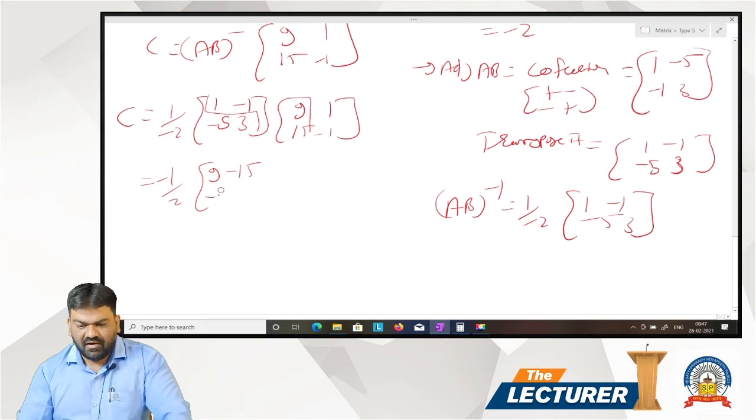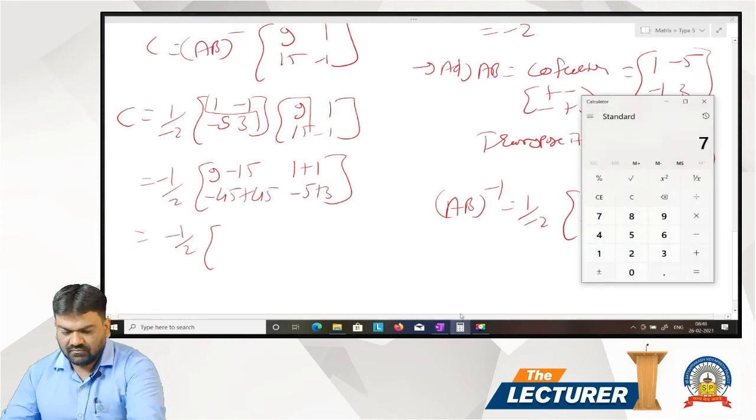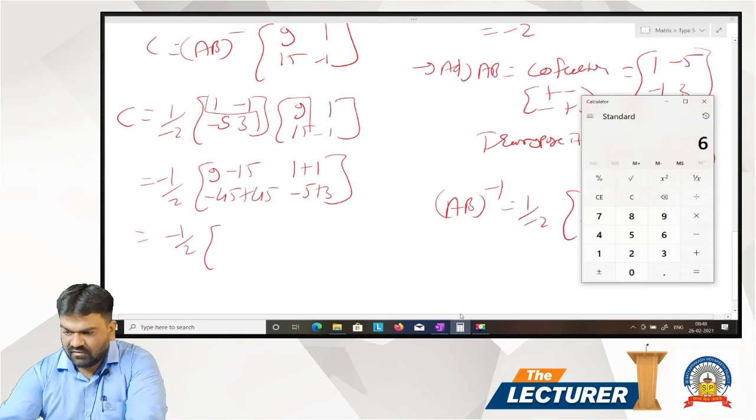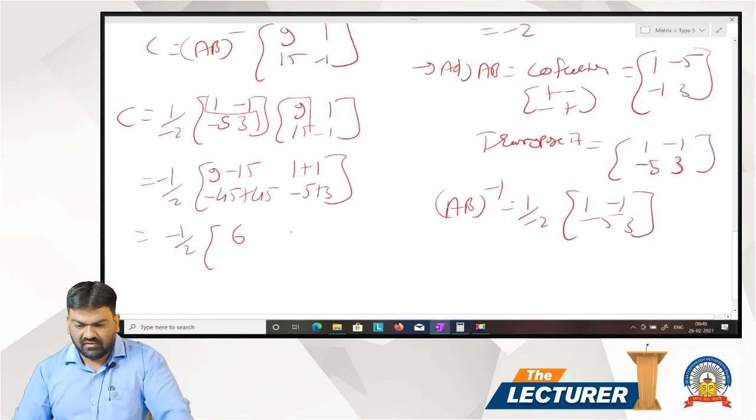Second row: 9 multiplied by minus 5 is minus 45, 15 multiplied by 3 is plus 45. Second column: 1 multiplied by 1 is 1, minus 1 multiplied by minus 1 is 1, 1 multiplied by minus 5 is minus 5, 3 multiplied by minus 1 is minus 3. One upon minus 2 times: 15 minus 9, that is 6, then 2, 0, minus 2.